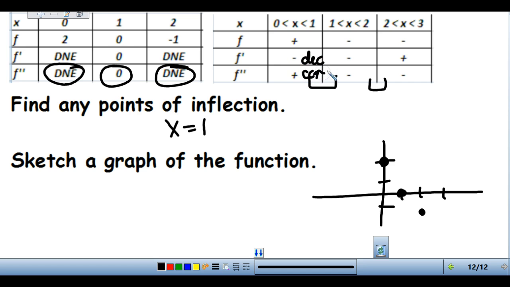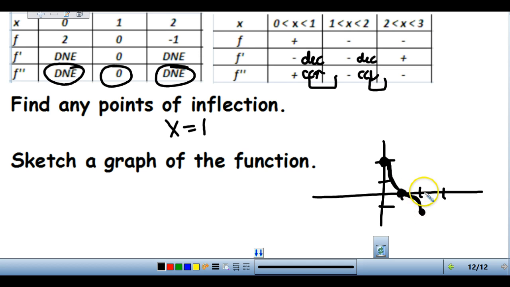So the function's decreasing and concave up. So try to make it as concave up as I can. Then after 1, between 1 and 2, the function's still decreasing, but now concave down. So try to make that look concave down.